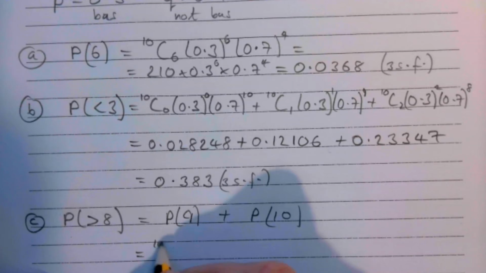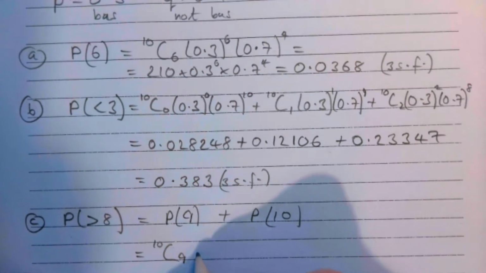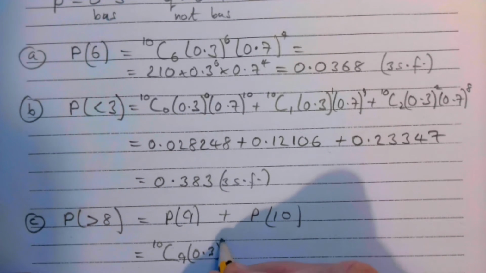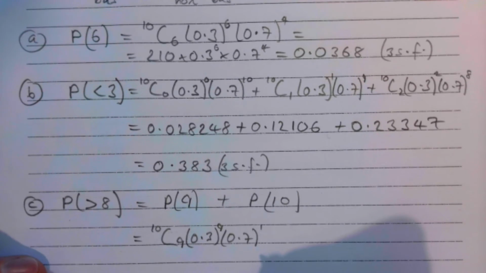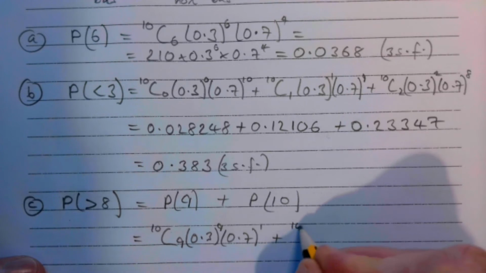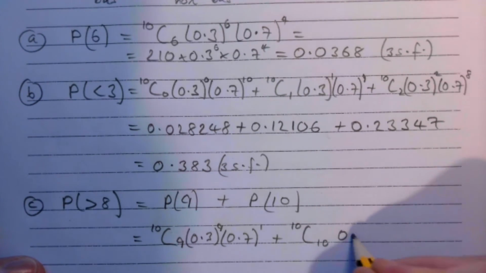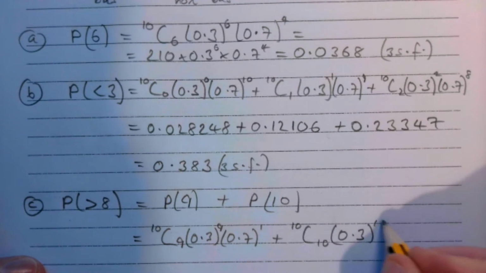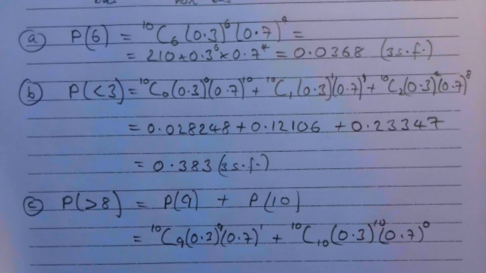So that's going to be 10C9, 0.3 to the power of 9, 0.7 to the power of 1, plus 10C10, which of course is just going to be 1, 0.3 to the power of 10, 0.7 to the power of 0.